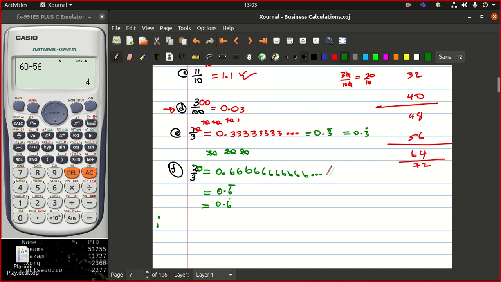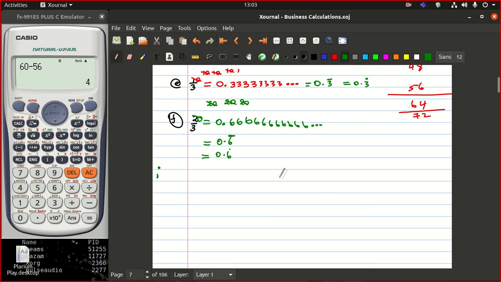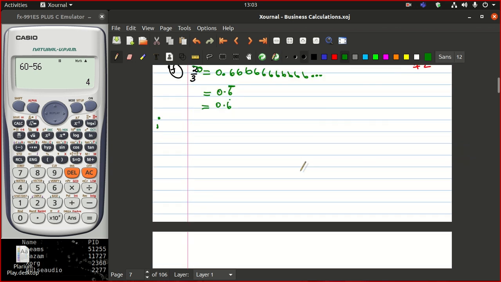Let me give you some other examples just to emphasize the meaning of the notation. If I say 0.4 and I place a bar here, this is the same as 0.4444. I'm going to continue writing this 4 and not stop, so I have these 3 dots to say this.